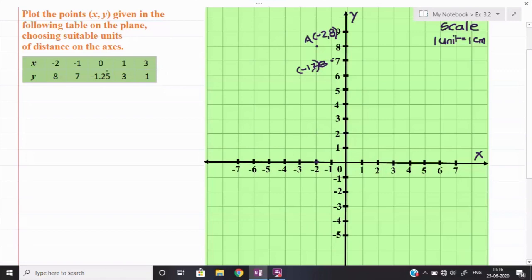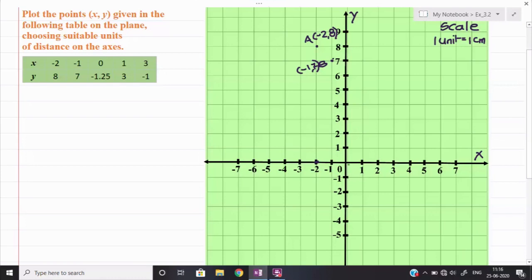Now let us see the next point, 0 and minus 1.25. First of all, what is the x coordinate? 0. So on the x axis I will reach 0, which means at the origin. Then I need to go to minus 1.25. Since my y coordinate is negative, I will go in the downward direction.